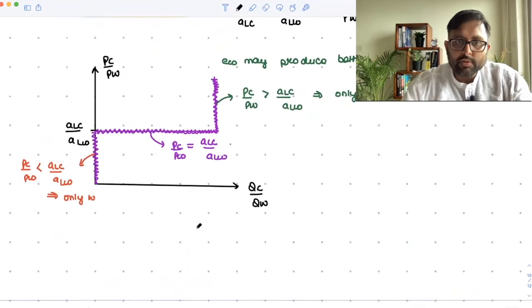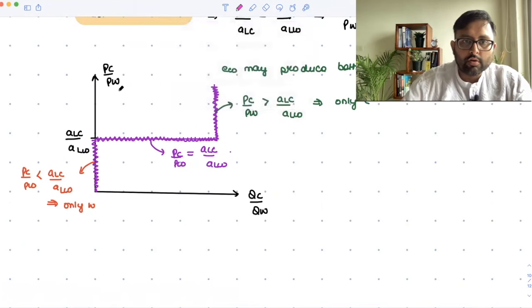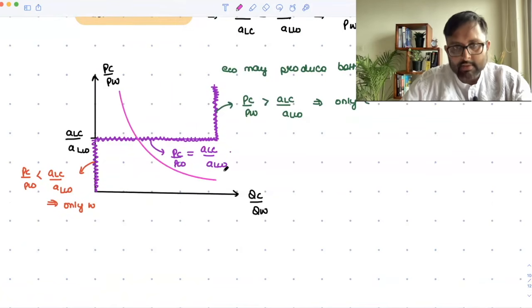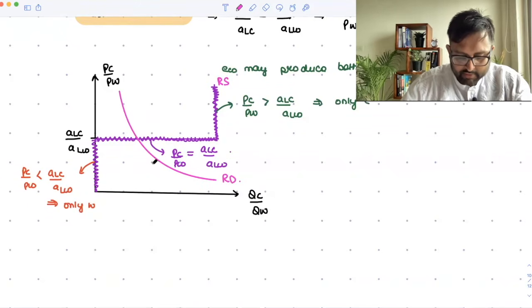So I can superimpose this here, the autarky equilibrium, something like this. So you have the relative supply curve and you have the relative demand curve.